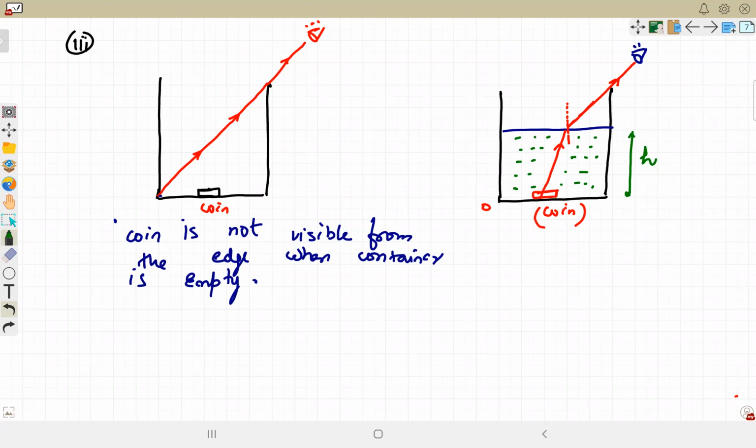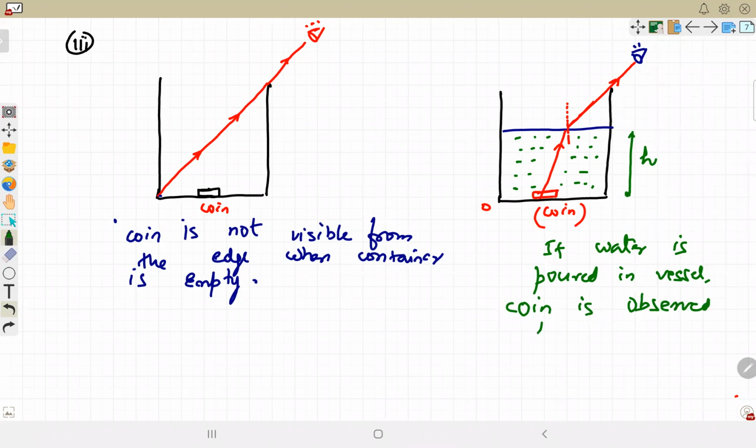So if water or any other denser liquid is poured in the vessel, the coin can be observed from the edge.